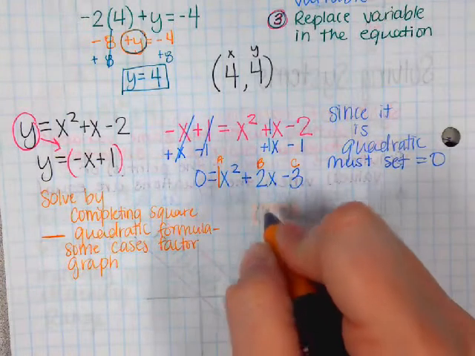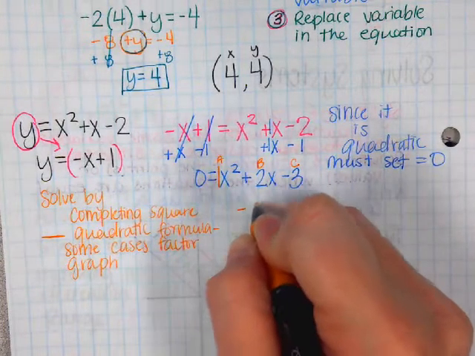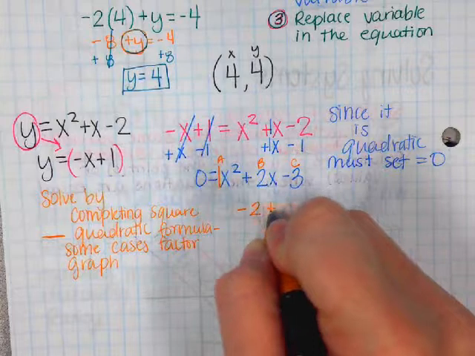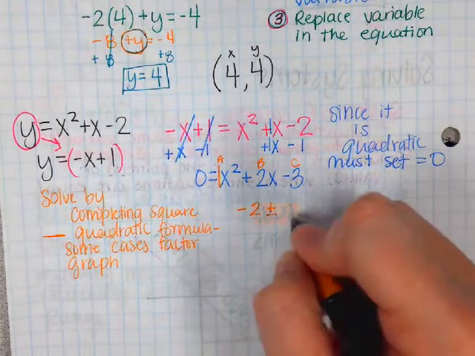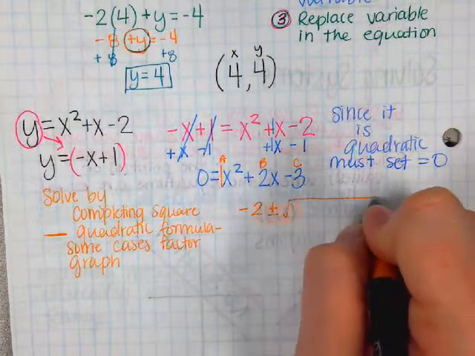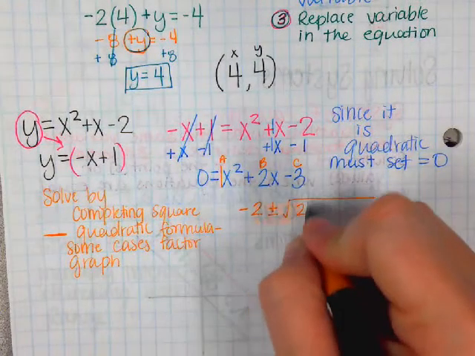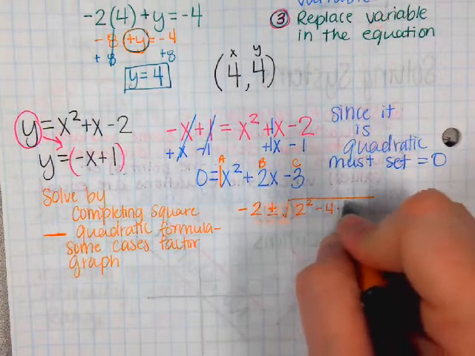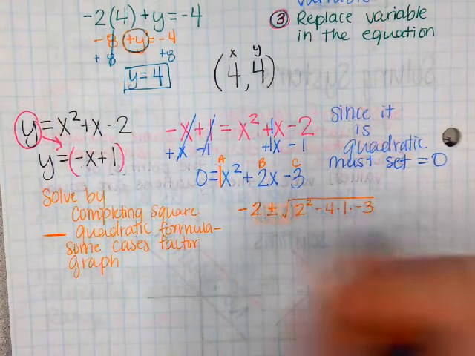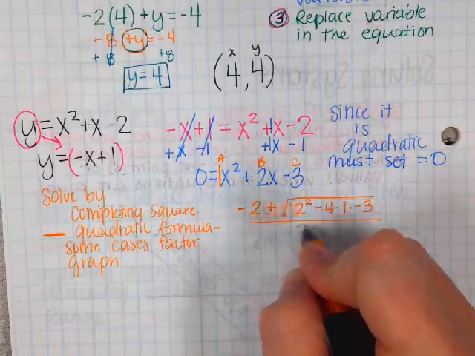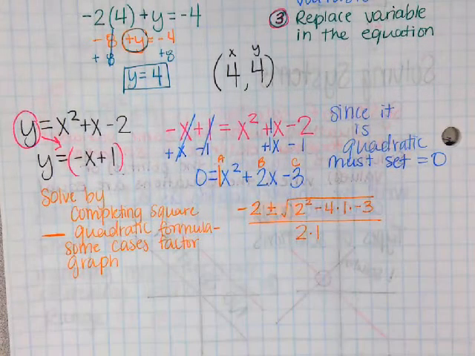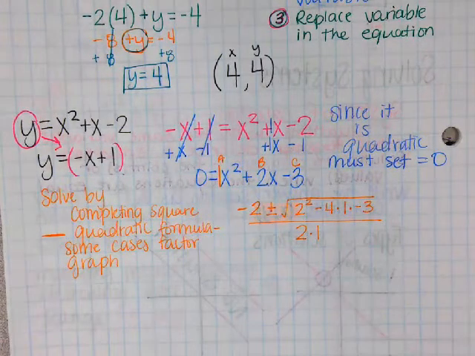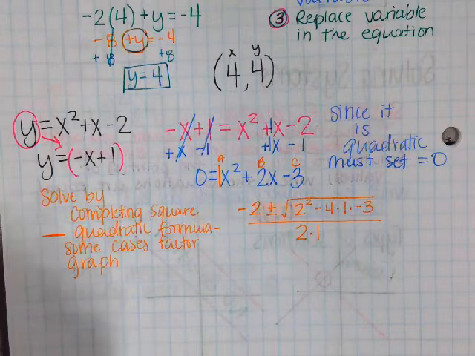So our a value is 1, our b value is 2, and our c value is negative 3. So I'm going to do the opposite of b, so opposite of 2, plus and minus the square root of b squared, so 2 squared, minus 4 times a, which is 1, times c, which is negative 3, divided by 2 times 1.